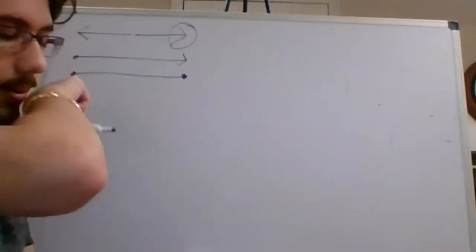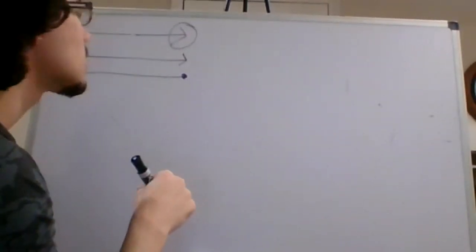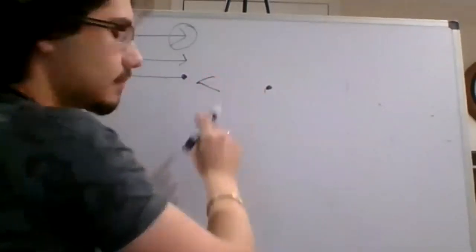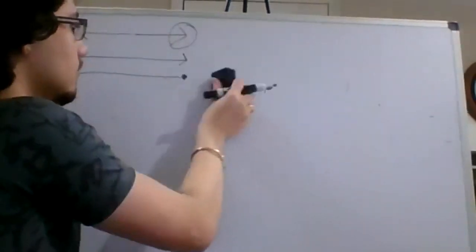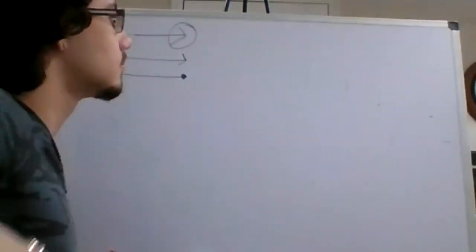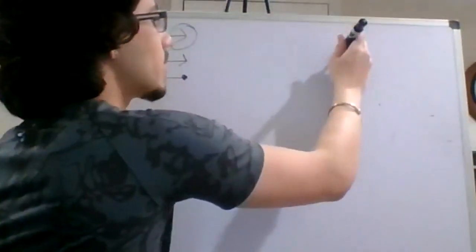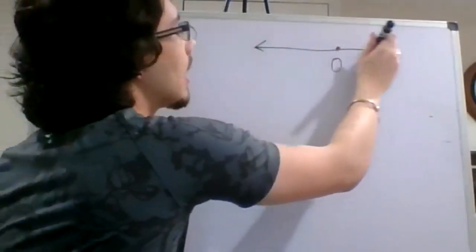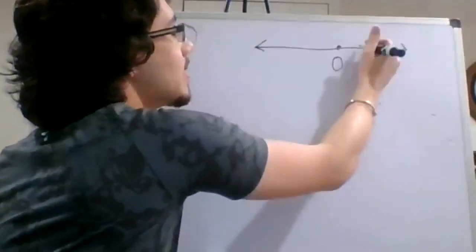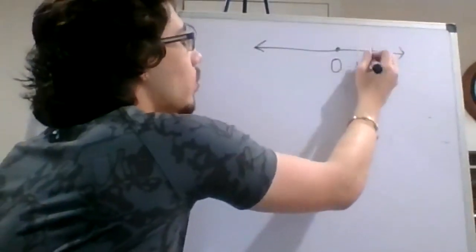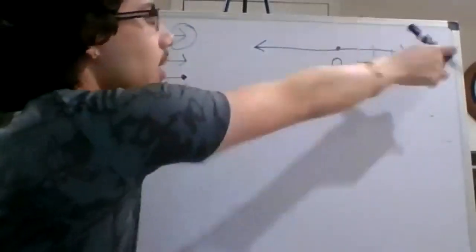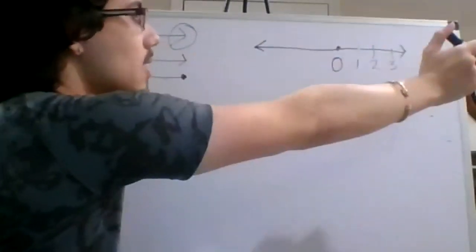I'm not sure, sir. That's fine. So if you remember when we drew our number line, we drew our arrows on the ends to say that when we were counting, the arrow points that it goes on forever.